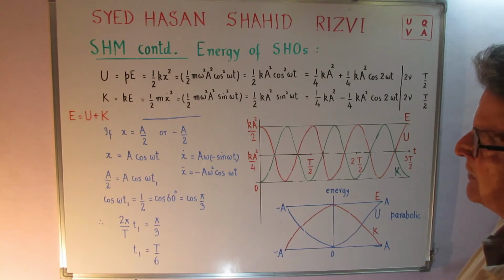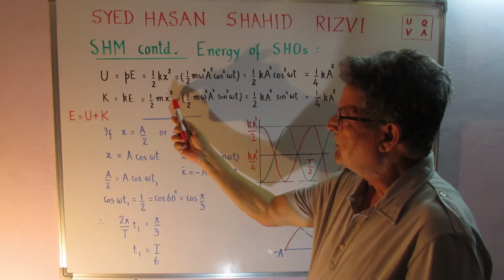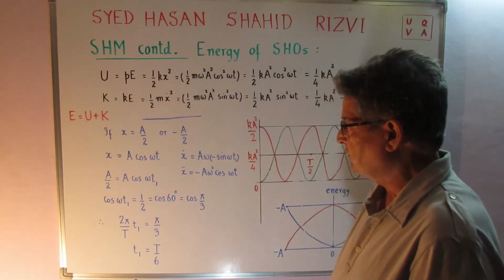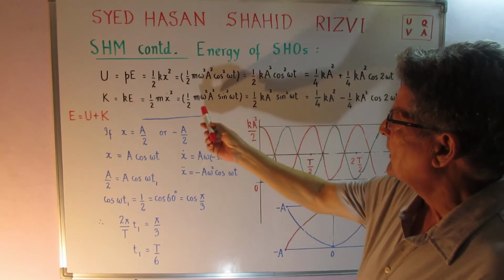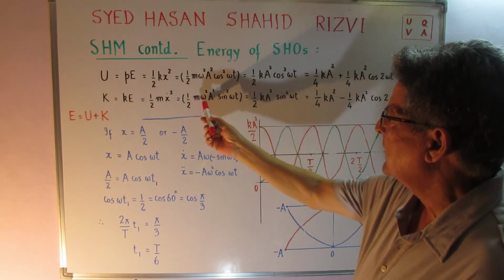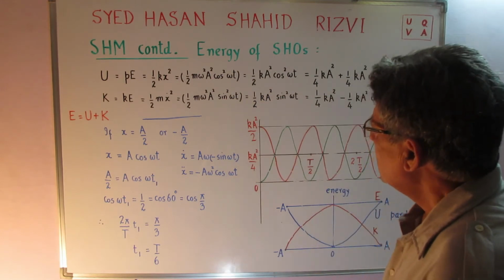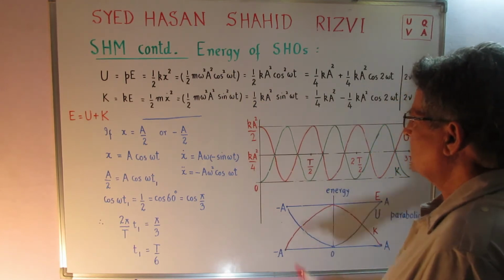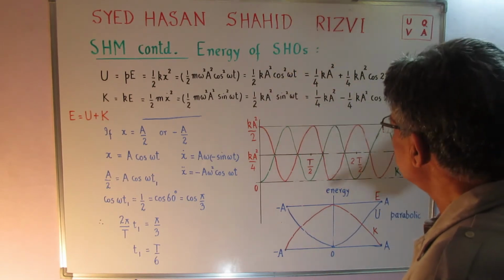Similarly, for the case of the kinetic energy, I write this expression, which is equal to half m x dot square, that is the velocity square, which is half m omega square a square sine square of omega t, or simply half k a square sine square of omega t. So it's on the same pattern.